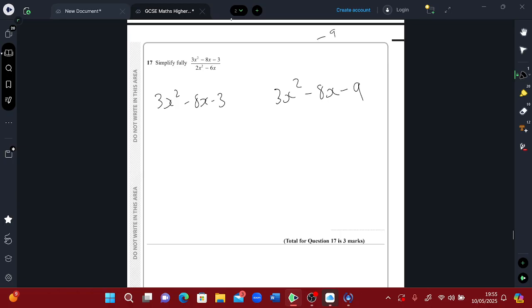So we want something that adds to minus 8, sorry, and times to minus 9. But the obvious one is going to be minus 9 and 1.